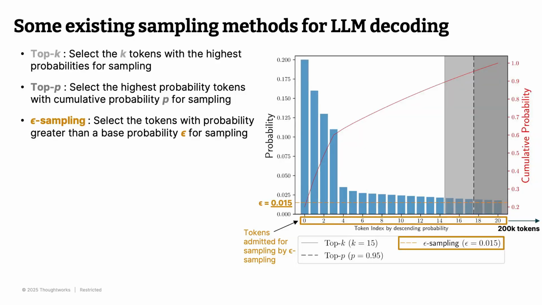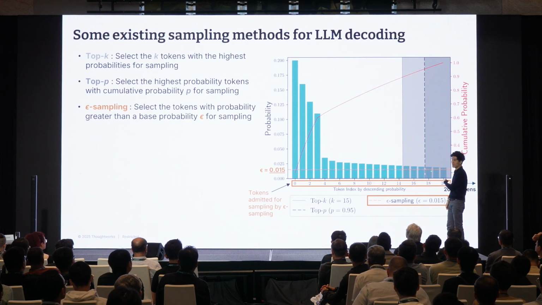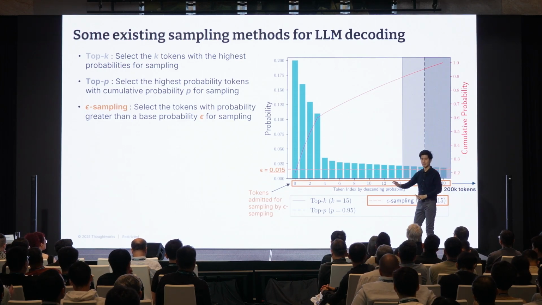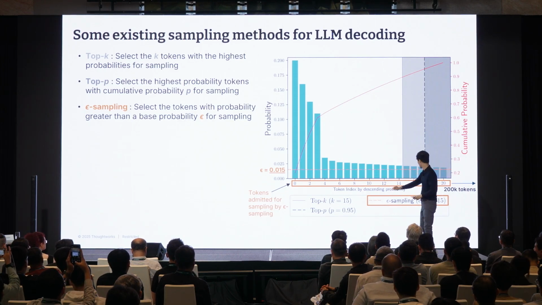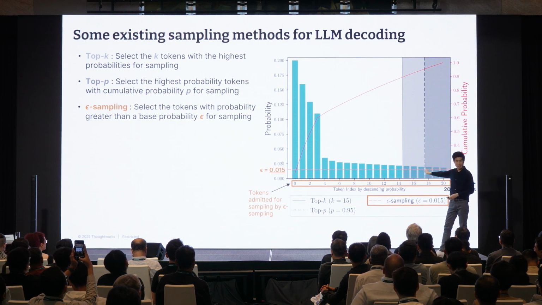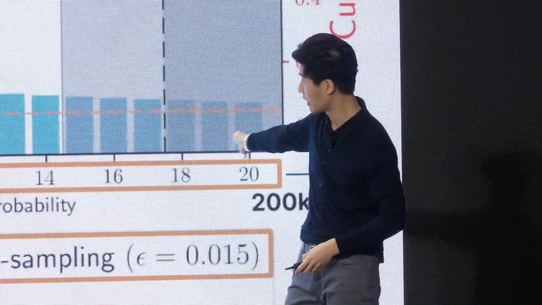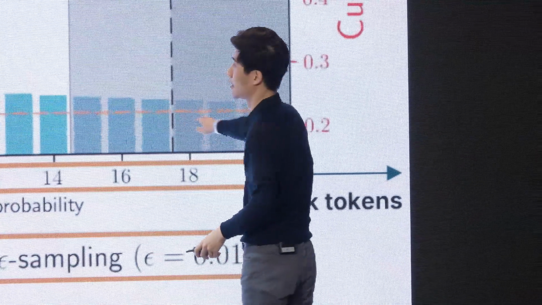And then there are some other methods. Epsilon sampling, I just define a minimum probability which I will use as the cutoff for any tokens not meeting it to be dropped from the sampling set, right? Which means that we are actually including all tokens here in the sampling because they are all above this line.